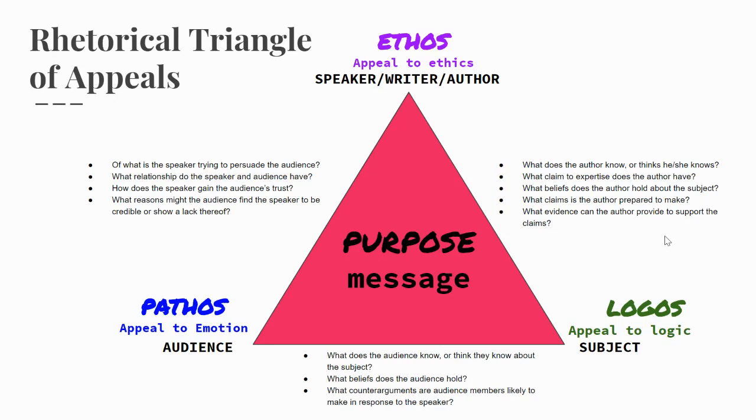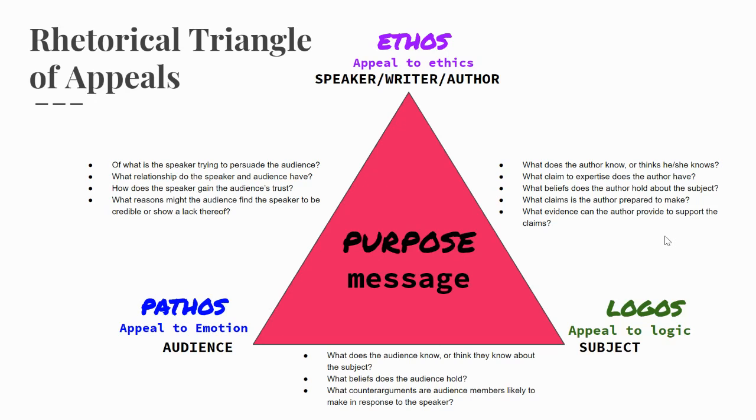In terms of pathos, pathos means appeal to emotion. So what tactics is the author using in order to persuade the audience? Here you have to really think about the relationship that the speaker and the audience have. You want to see how the speaker, writer, or author works to gain the audience's trust, right?